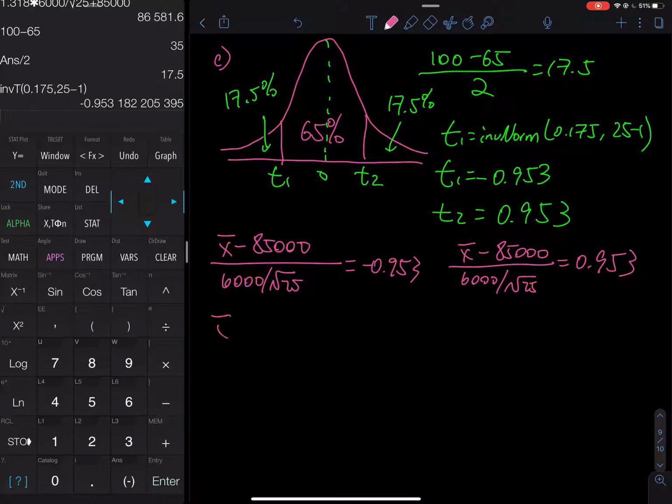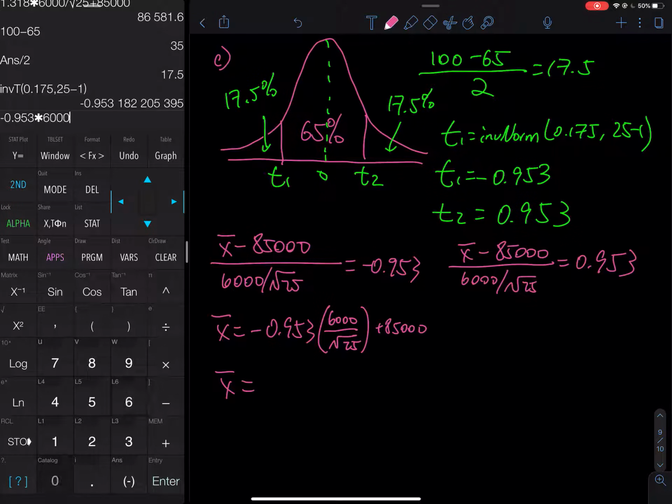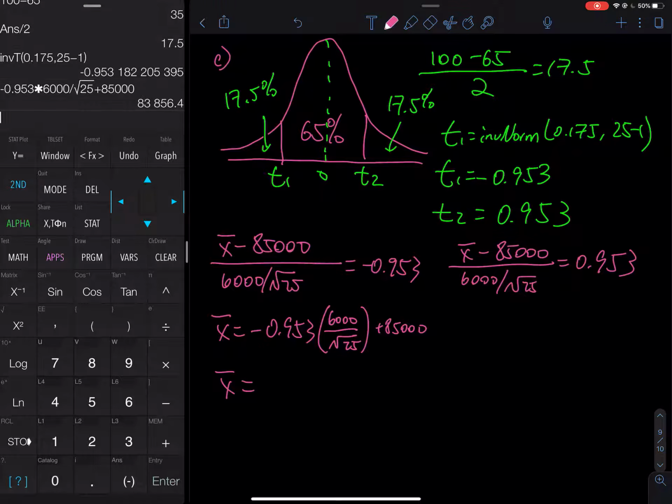To solve for x bar, you take the T, multiply by the denominator, and add the mean to it. So that gives you the answer. Negative 0.953 multiplied by 6,000 divided by the square root of 25, and then you add 85,000 to it. That is 83,856.4. And then for the other one, I'm going to show you a little shortcut.